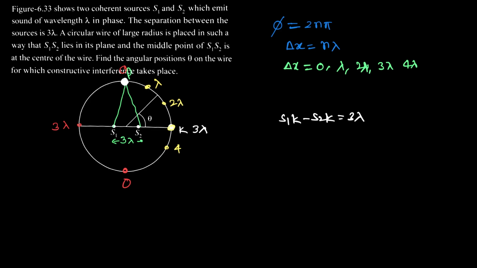Then again at this point I'll get 2 lambda, then lambda, then again 0. At this point again lambda, then 2 lambda, and then 3 lambda, and then again 2 lambda, then lambda, then again 0. If I count the complete number of points, the total will be 12. So at 12 places there will be maxima in this case. We can count these points: 1, 2, 3, 4, 5, 6, 7, 8, 9, 10, 11, 12.